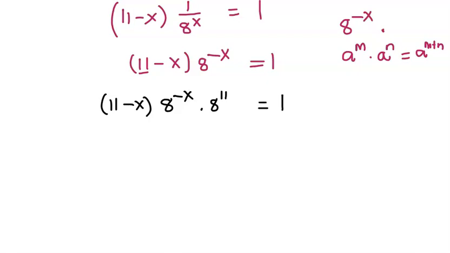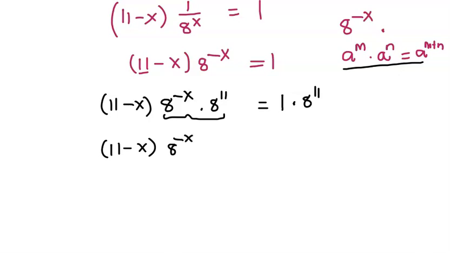This will be equal to 1 multiplied by 8 to the power of 11. Now, with this property here, we're going to add these powers of 8 here. So we get 11 minus x, then times 8 to the power of negative x plus 11, right? So this will be equal to 8 to the power of 11.